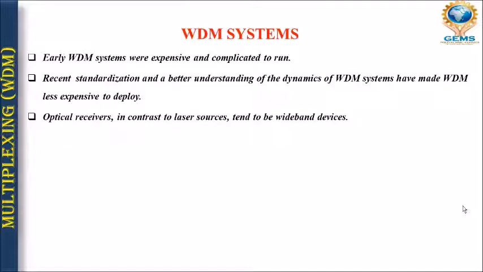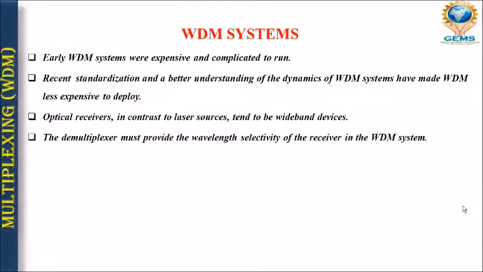We are using wideband devices in this type of WDM system. While we are talking about the demultiplexer, it must be provided with the wavelength sensitivity of the receiver in the WDM system.